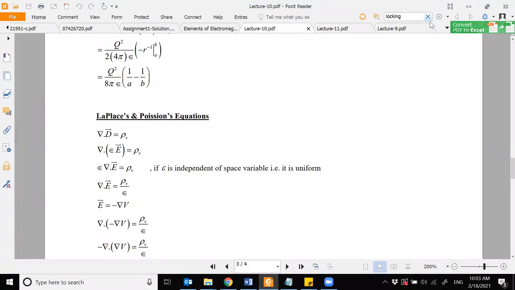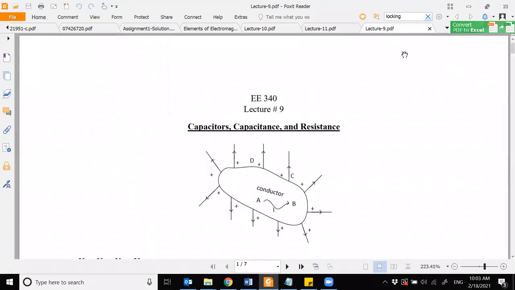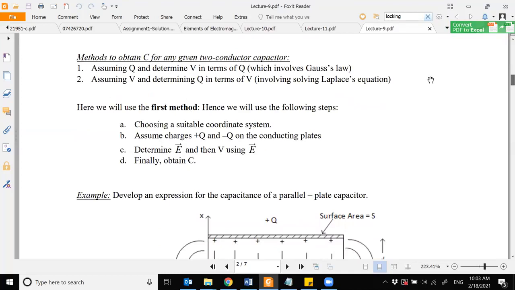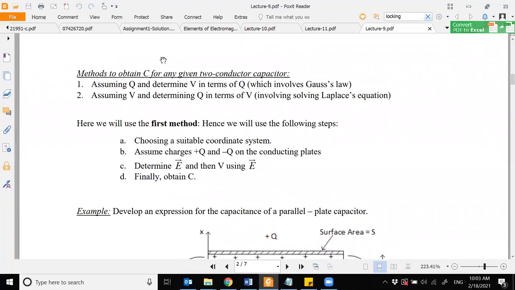Remember, in our lecture 9, we said that there are two methods, right? So the first method is when you know the charge on a capacitor. From the charge, you find the electric field, and then from the electric field, you find the potential difference, and then the capacitance. And therefore, this requires Gauss's law.